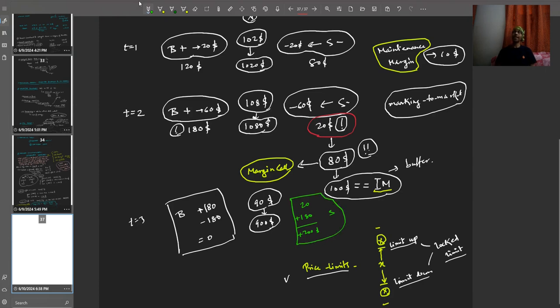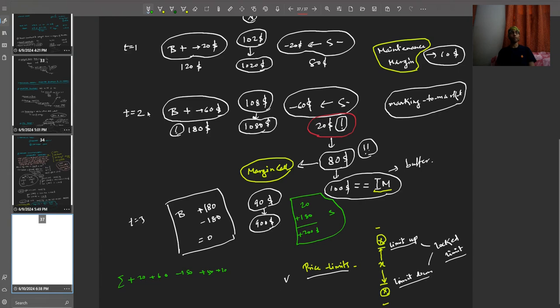Now if you look at the entire phenomenon, what is happening? The cumulative change is the total change. The total change is basically the cumulative change that happens across all the days of the contract, across the expiration. So let's say first day the change was plus 20 for the buyer, next day it was plus 60, next day it was minus 80, then it was plus 50, then it was plus 100.